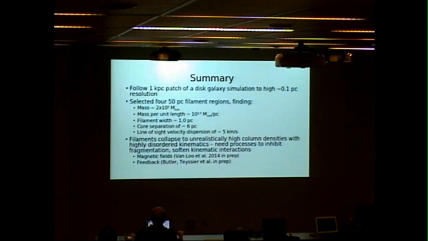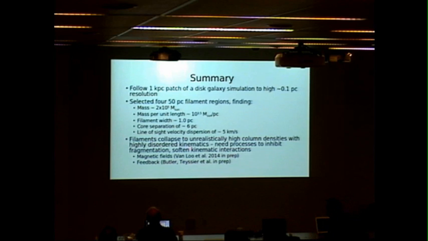So just to summarize, we showed the results of this 0.1 parsec resolution simulation of a patch of a disk galaxy, and we found these mean quantities for a number of different structural and kinematic properties.